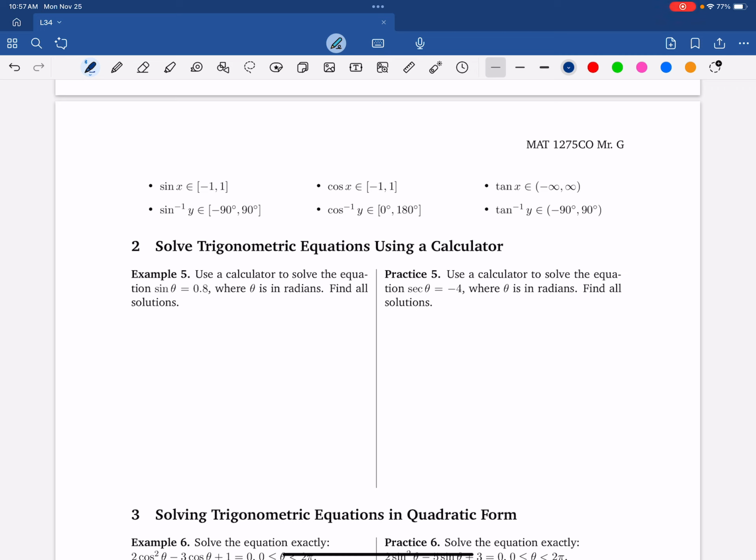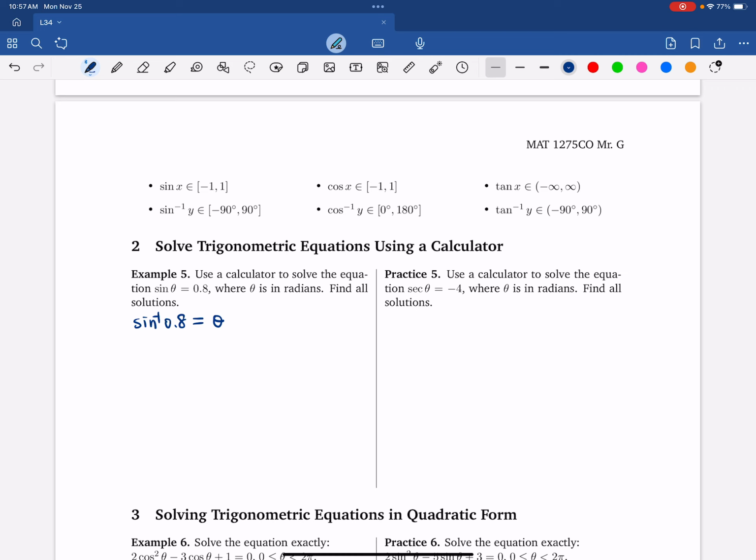So let's first start with writing down the inverse function, right? The sine of theta is 0.8. That means sine inverse of 0.8 is theta. So what we did right here is we basically do the inverse of sine.